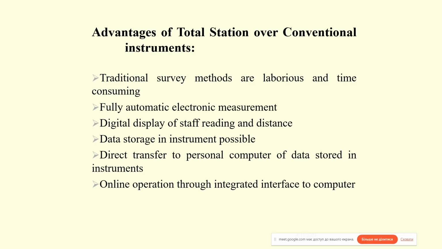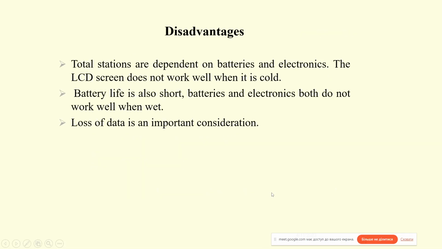Fully automatic electronic measurement, digital display of staff reading and distance, data storage is possible. Direct transfer to a personal computer of data stored in instruments, online operations through integrated interface to computer.